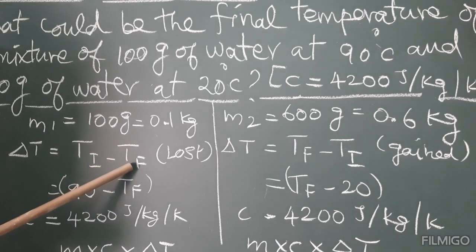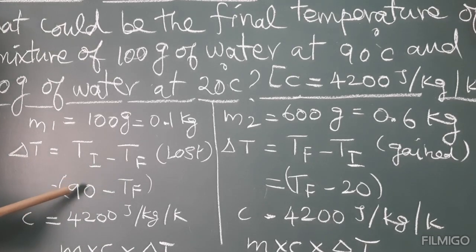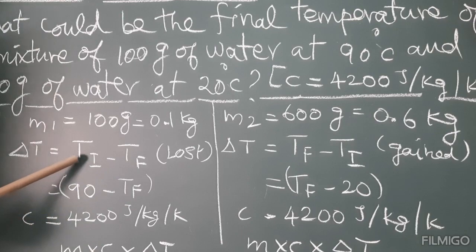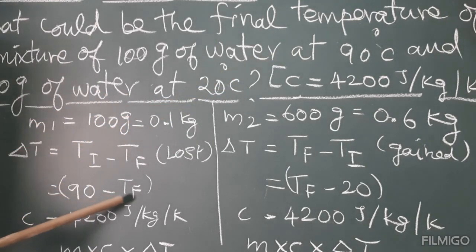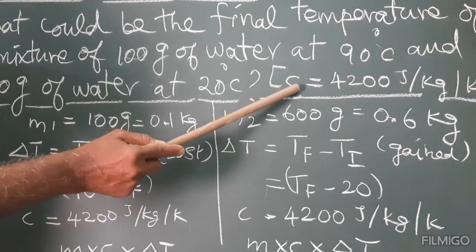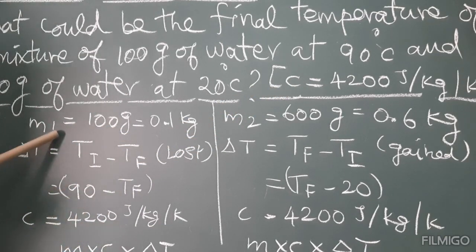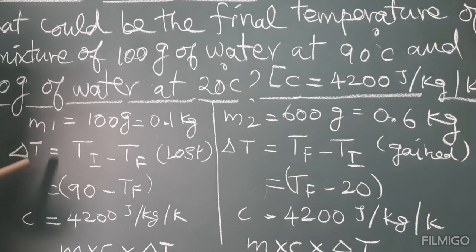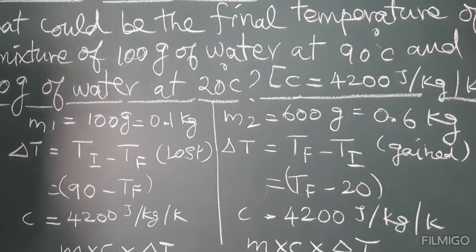The final temperature we don't know, and that is what we want to find out using this problem. So delta T is 90 minus the final temperature Tf, where 90 is the initial temperature given in the problem itself. And the specific heat capacity C, the value is written here with the unit. The formula to be used to calculate the heat lost by the 100 grams of water is M into C into delta T.